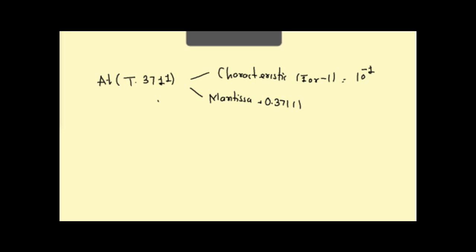If you remember, bar 1.3711 corresponds to minus 1. This value is bar 1, bar indicates negative, minus 1, and the value after decimal places, that is 0.3711, were positive.